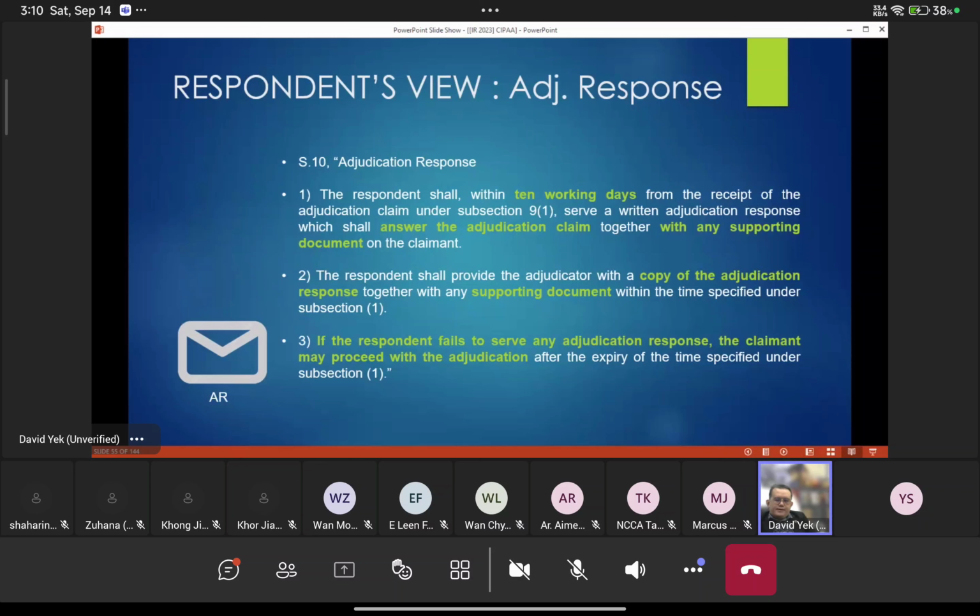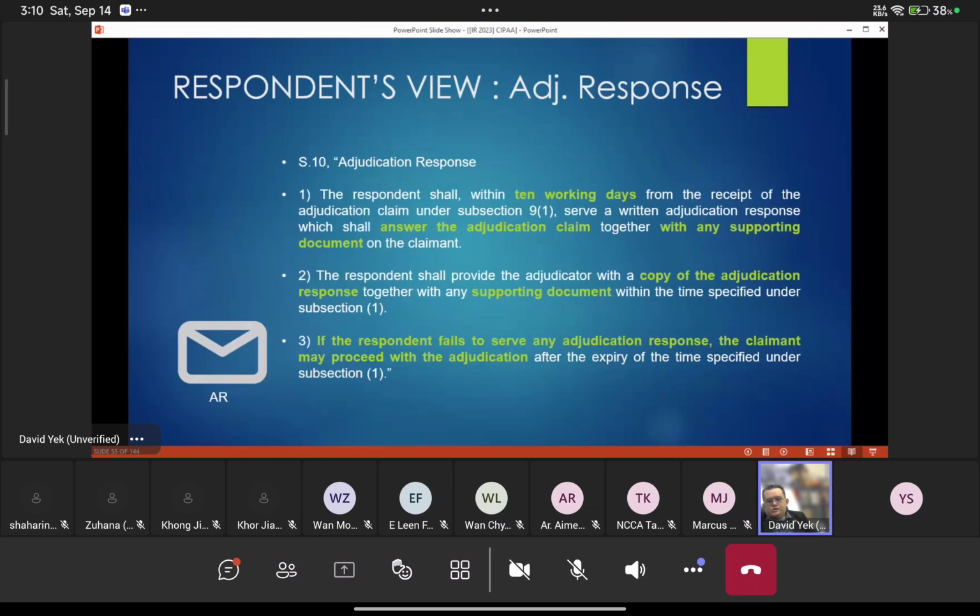Can the respondent not serve the adjudication response? Answer is yes. Then what happens next is that the respondent shall provide the adjudicator a copy of the response together with all the supporting documents.